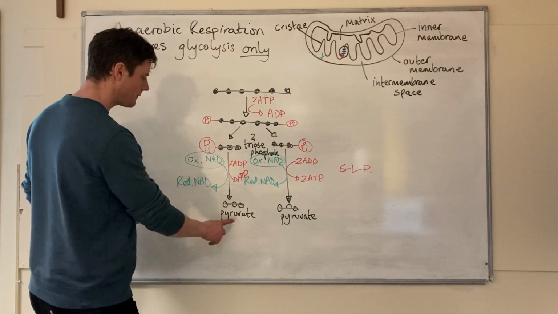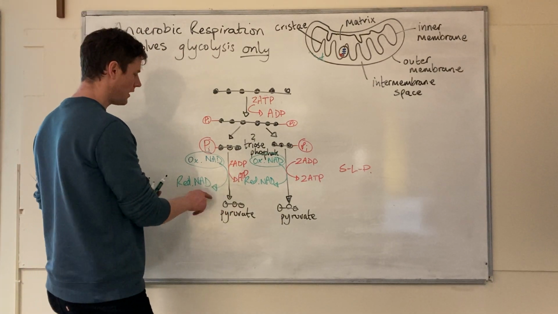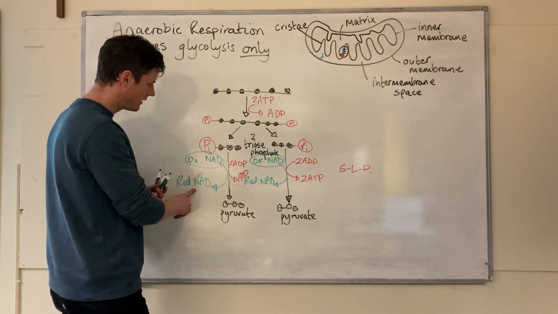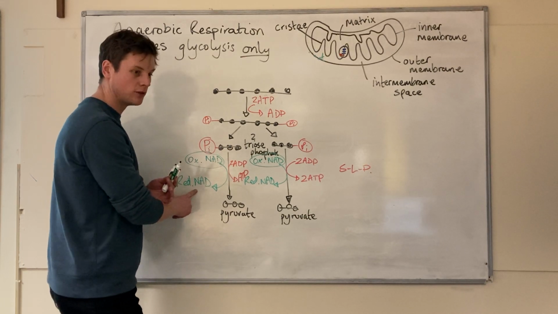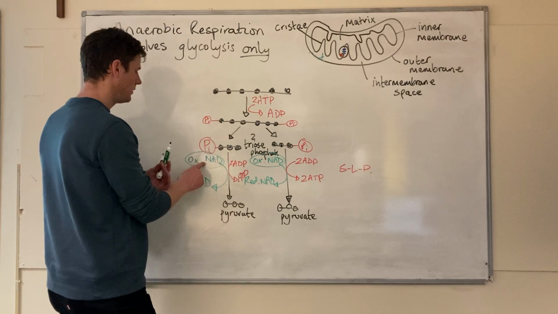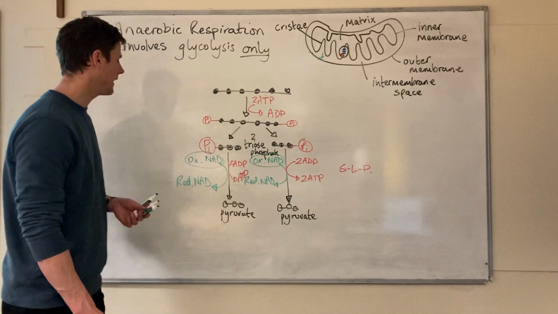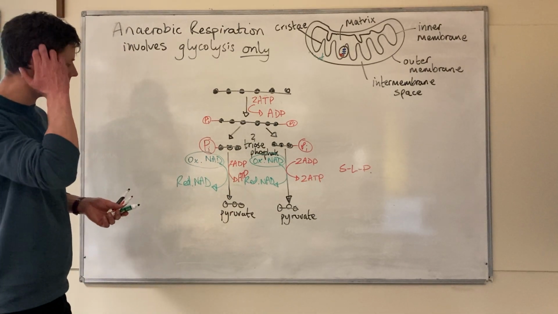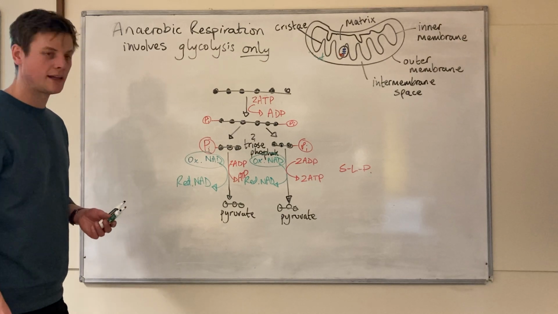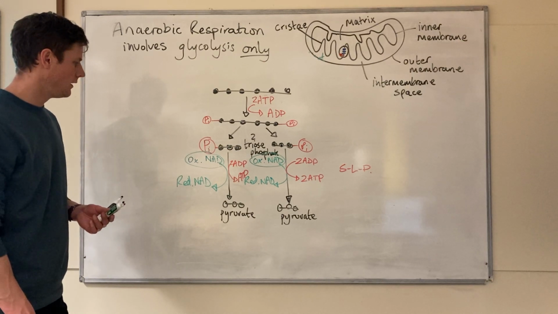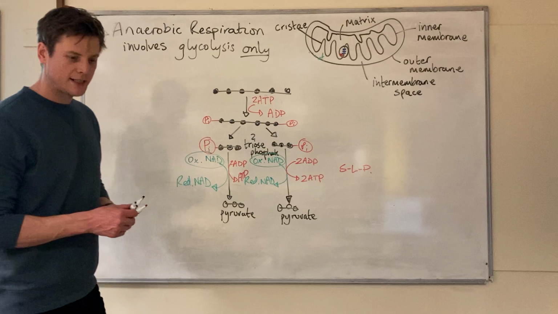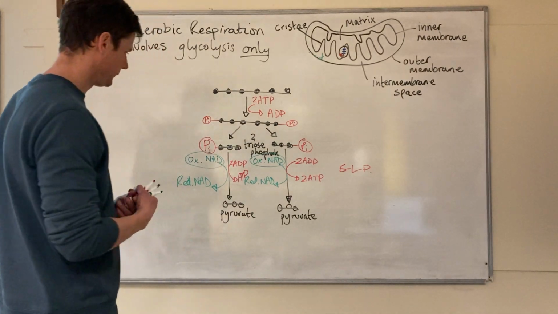So there needs to be a way for that reduced NAD to be recycled, to reform, to be reoxidised back into oxidised NAD. Now this happens in one of two ways. Okay.